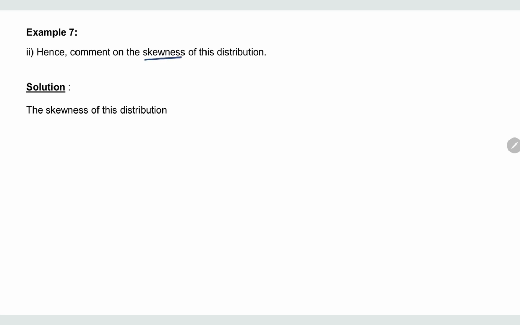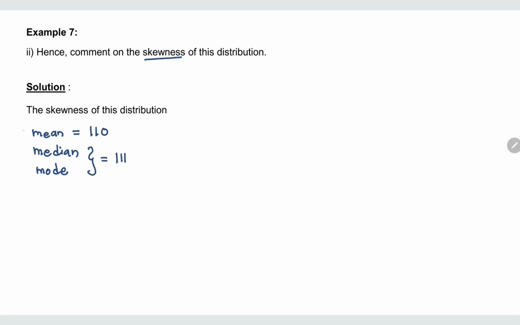Before we can comment on the skewness, we must recall the value of the mean, median, and mode. So we already got the mean, 110 km per hour. For the median and mode, we get a similar value, which is 111 km per hour.